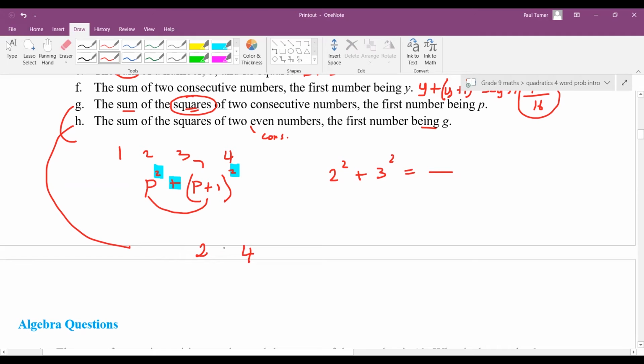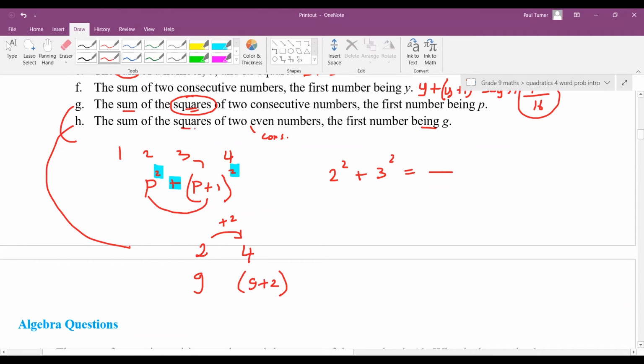So if your first number is G here, the next number must be G plus 2, isn't it? For the next even number, because you're adding 2. So if that's 2, 2 plus 2 is 4. If it's G, it's G plus 2.